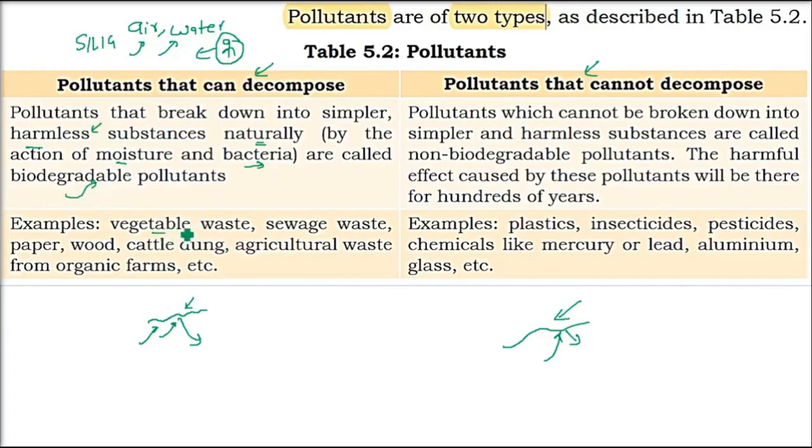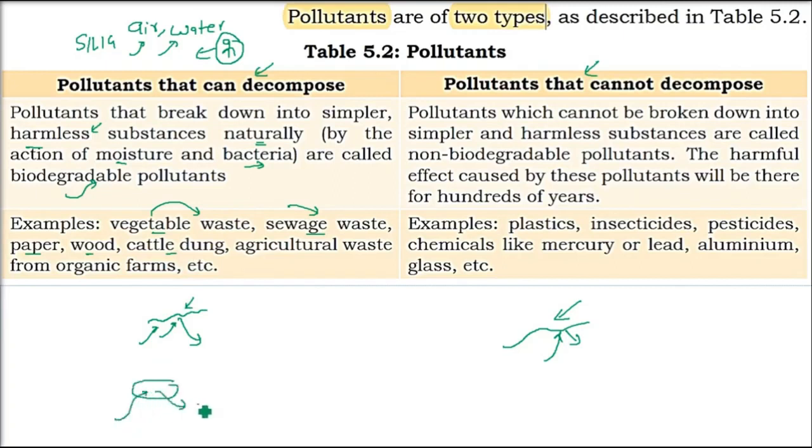For example, vegetable waste, because we make vegetable every day, whatever waste is coming. Sewage waste, that is your human excreta, the animal excreta, the paper, the wood, the cattle dung, and the agriculture waste. Because basically the animals are like us only, they also eat and they also excrete.